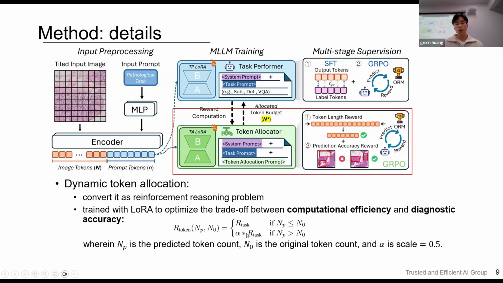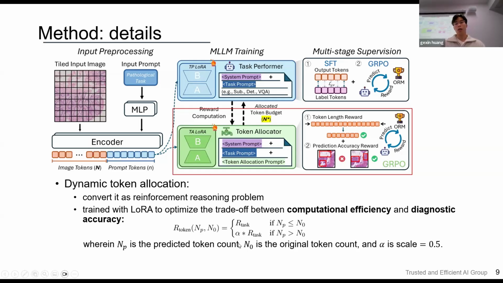So if we want to generate a longer predicted token sequence, we have to increase the corresponding reward, which means you have to achieve better performance for these tasks.